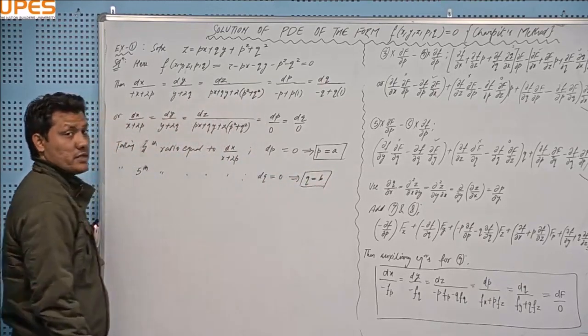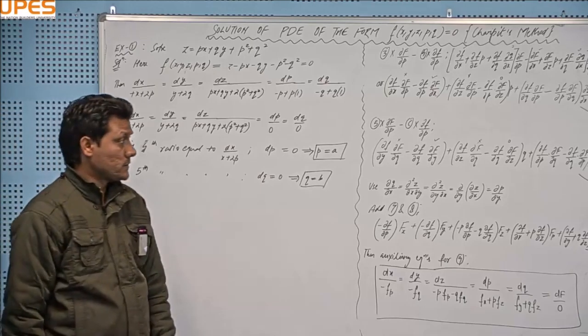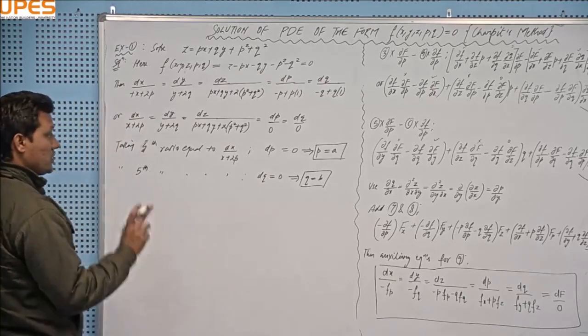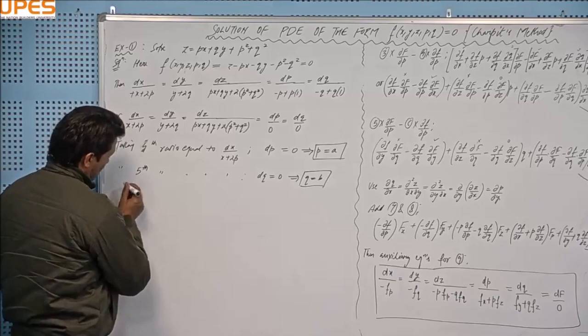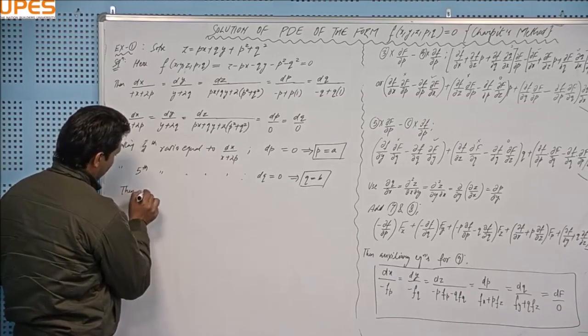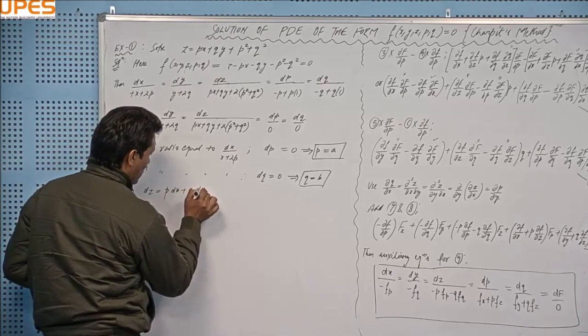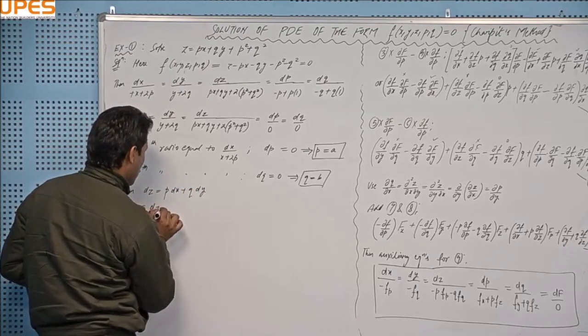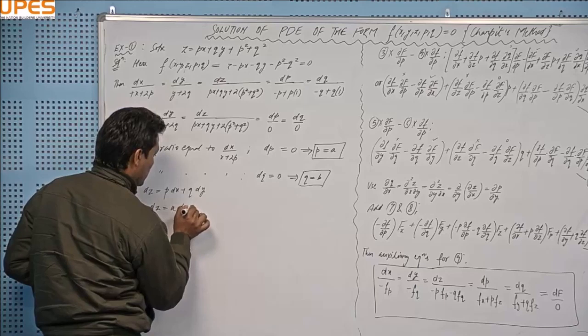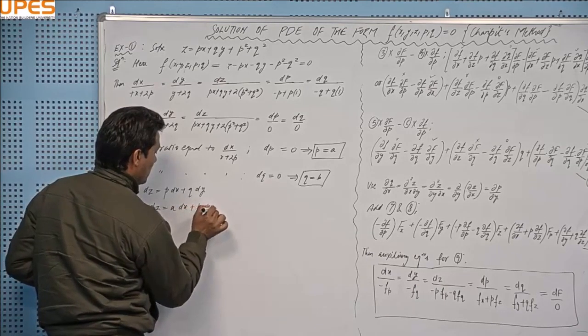So I have got small p and small q, and I will plug them into my equation. Then dz is equal to p dx plus q dy, or dz is equal to a dx plus b dy.